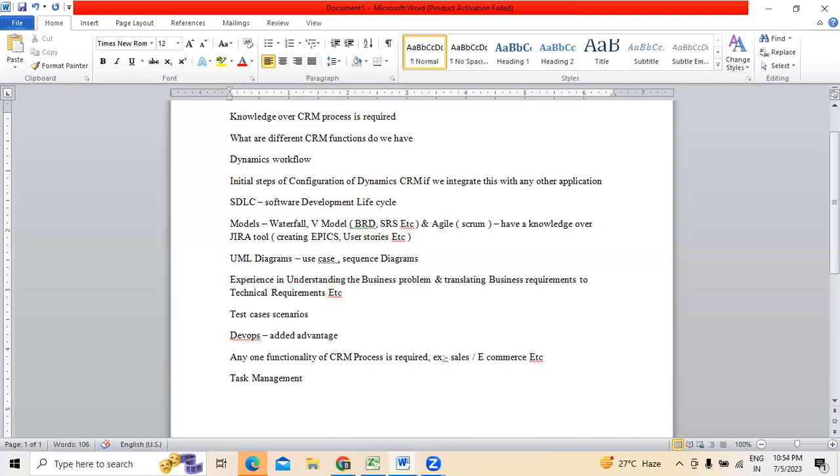Without that, you cannot say you had experience in Dynamics CRM, because all these things together are called the CRM application, Dynamics CRM. So that knowledge is majorly required and useful to you. These are the areas where, being a BA in context to Dynamics CRM, one must be good and experienced. Is it clear?